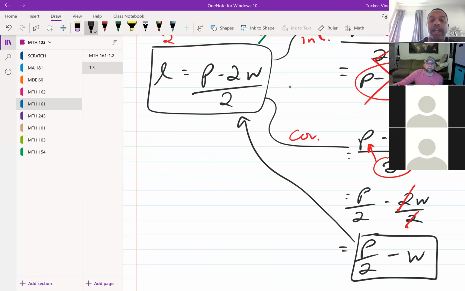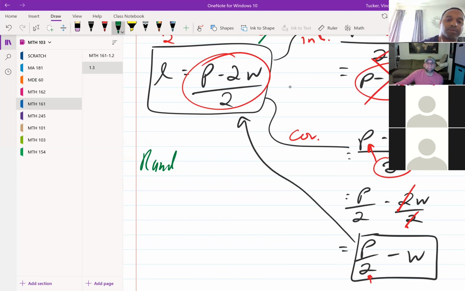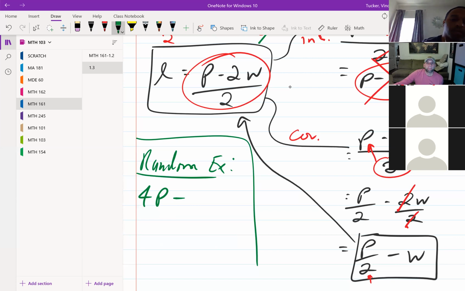All right. Now, this answer right here is acceptable because notice the 2 could not divide evenly into each term. Now, let's say, and I'll put this right here because a lot of times people miss it. This is just a random example that I'm about to throw up. It has nothing to do with the problem. Let's just say if I had 4P minus 2W over 2.